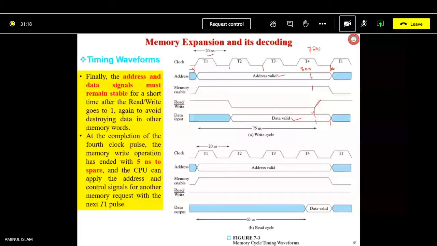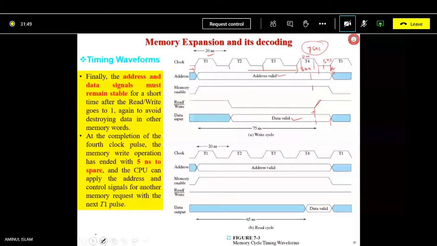But our assumption is still that 75 nanoseconds are required, so possibly here things will be completed. This is your rise time, this is your fall time, this is the pulse width, and together from here to here it is 20 nanoseconds. So 5 nanoseconds prior to the end of this T4, the write operation will be completed.